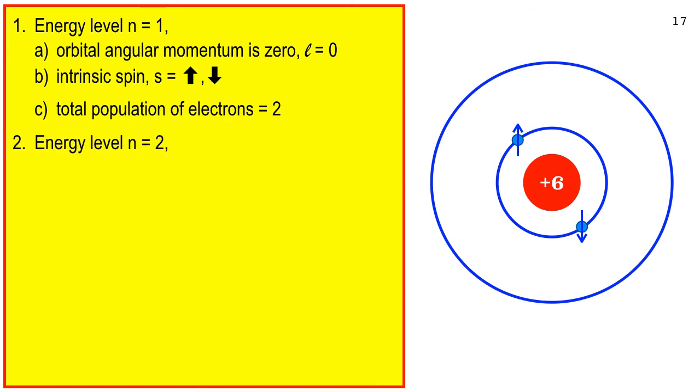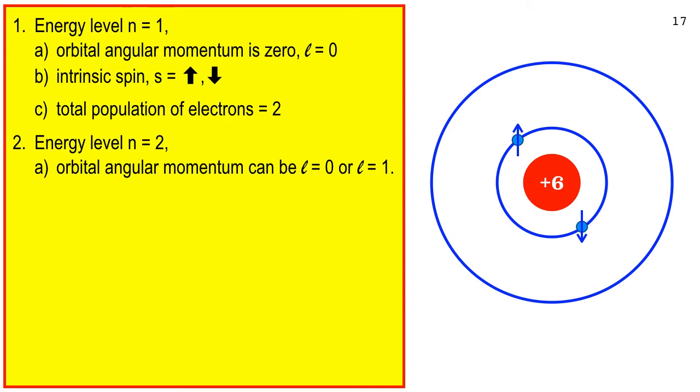At n equals 2, the second energy level, we can put some more electrons. At n equals 1, we can only get 2. That's it, because it's got to be a straight pop up from the North Pole, L equals 0, and then an up and a down, clockwise and counterclockwise. But at energy level 2, we can have either L equals 0 or L equals 1.